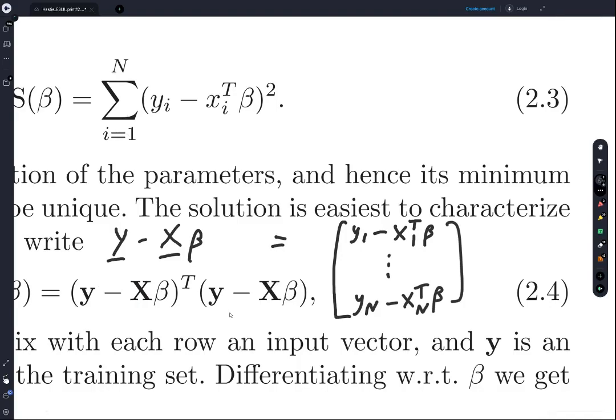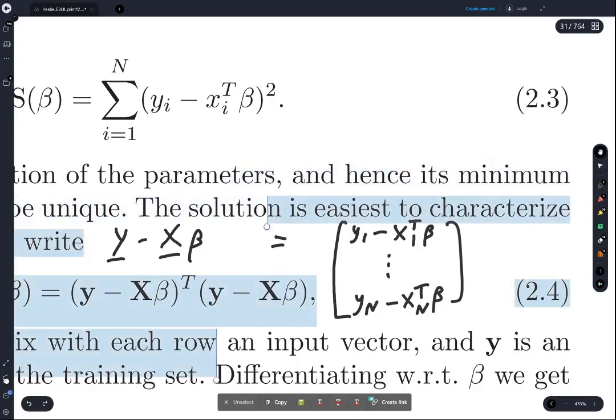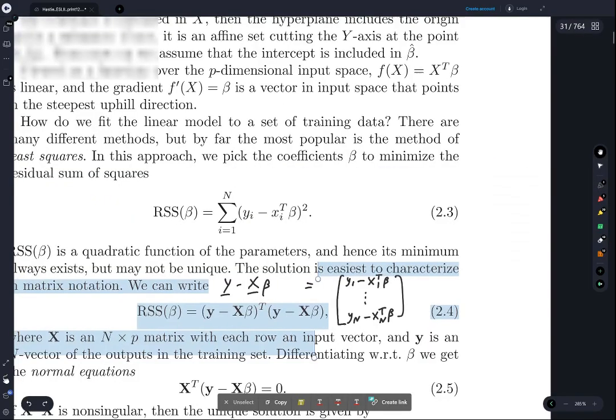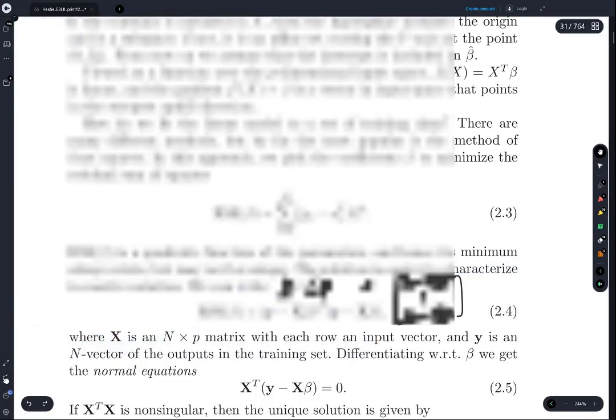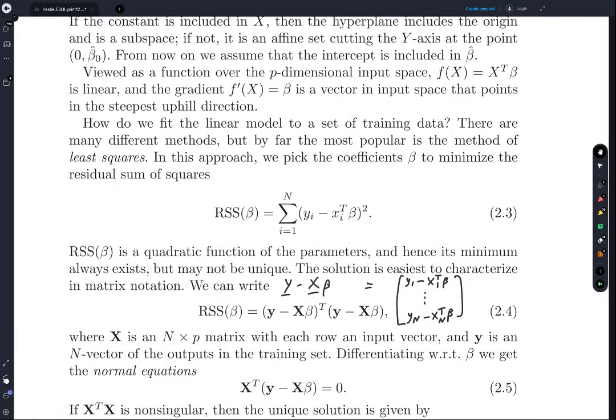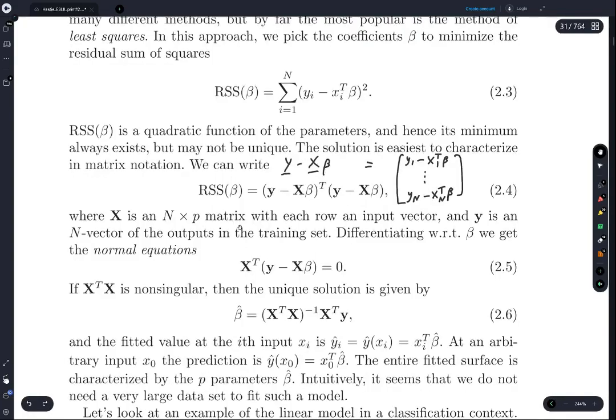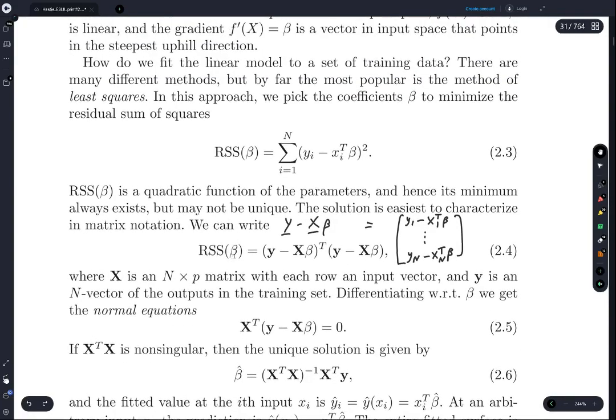Okay, so now what we want to do is, I wish it was easier to switch between zooming in and zooming out and writing. So we have this formula for the residual sum of squares, given a particular guess beta for what the optimal beta is going to be that minimizes this equation.